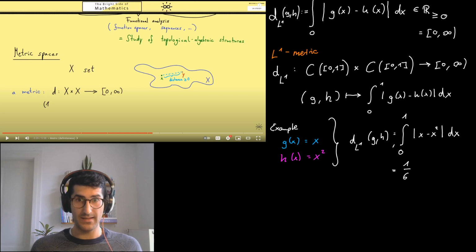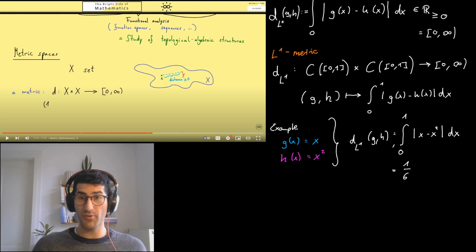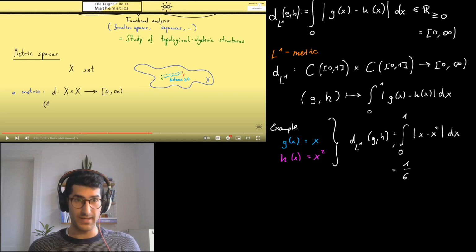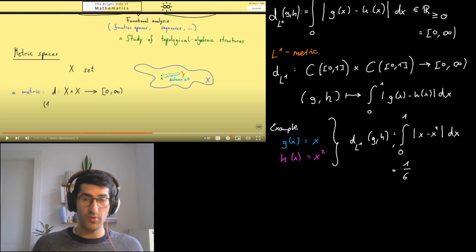But keep in mind, there is not the one metric that you can choose. And this also shows you how rich functional analysis can be. If we just stay with function spaces, we already have plenty of different metrics that we can choose. Of course, every metric has its own properties that will help us in some approximation problems.